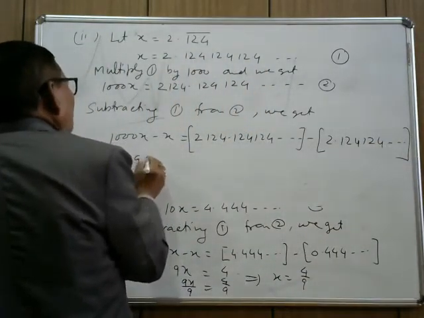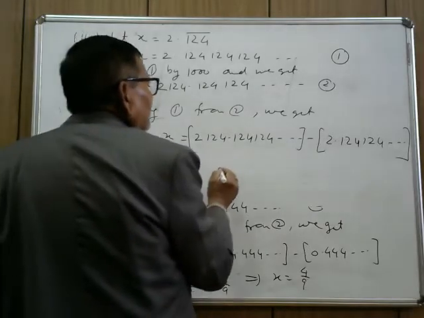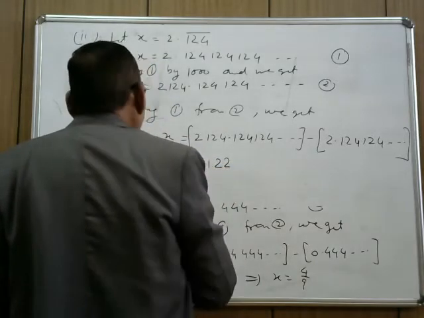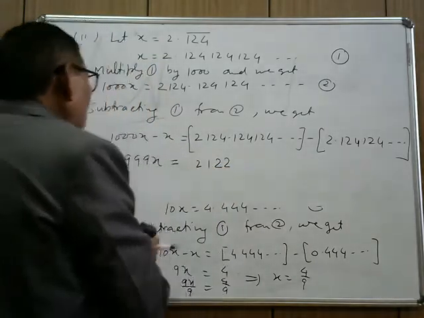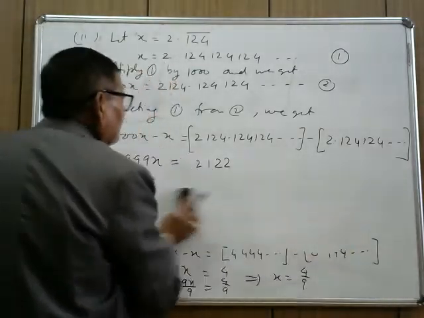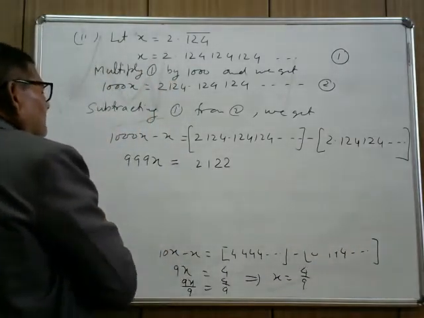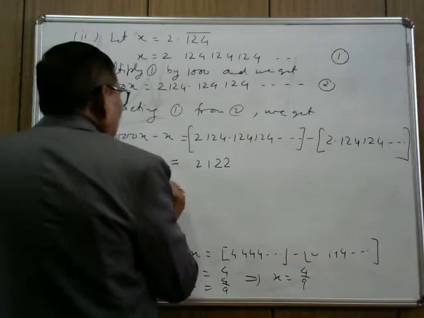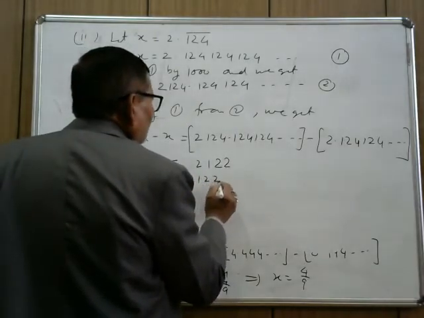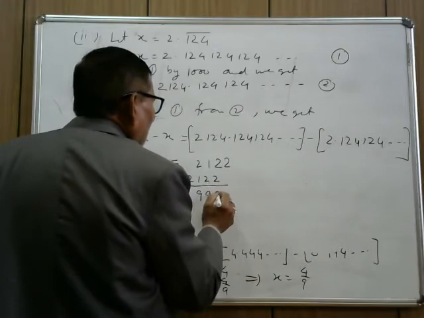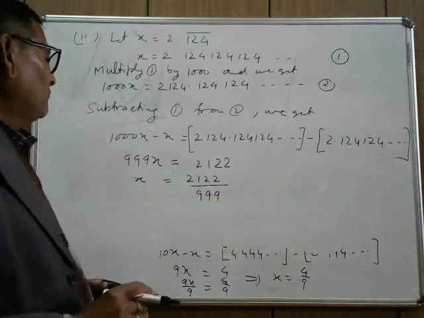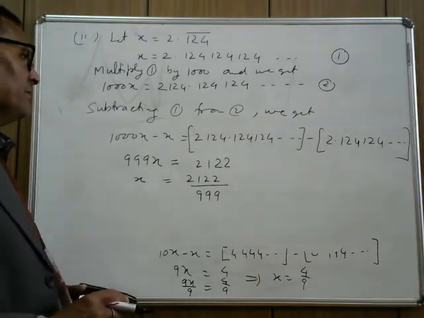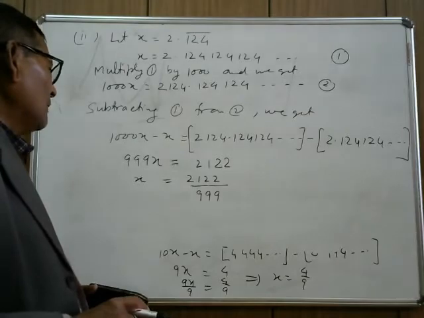That is 999x, which is equal to 2122. So you divide this equation by the coefficient of x. When you divide, on the left hand side it is x and on the right hand side it is 2122 upon 999. So you have the p by q form of the given decimal number 2.124 bar.